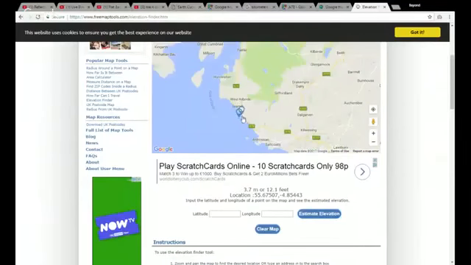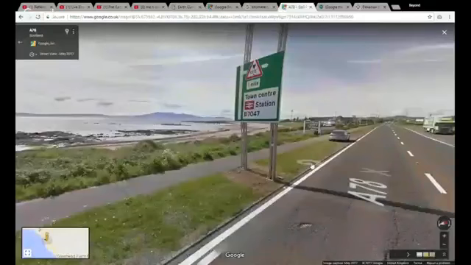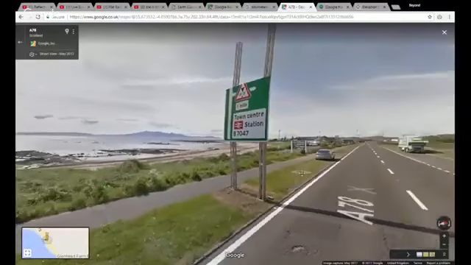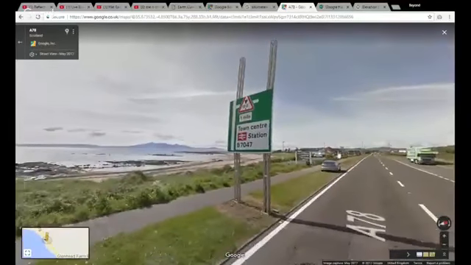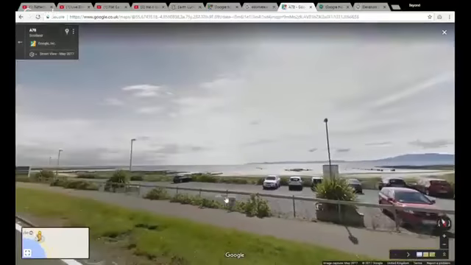Right, I'm going to have to identify how to pinpoint this point exactly so that I can get the exact height of where we were. So wait a wee minute. What are we seeing here? Right, if we're down here at the sea, there is no way it is 12 feet.